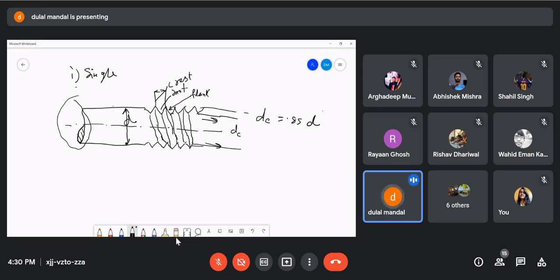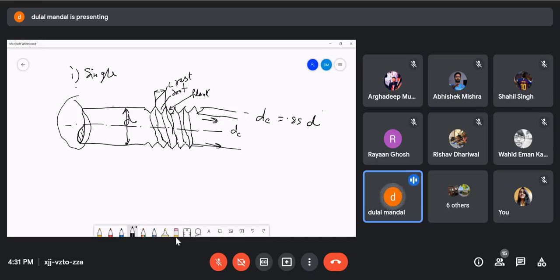What does it mean? In every type of thread, maybe a square thread, knuckle thread, or acme thread, this can be made single thread, double thread, or triple thread, not four. Maximum triple thread is there. Why the fourth type is not there, you will definitely understand from the engineering point of view.